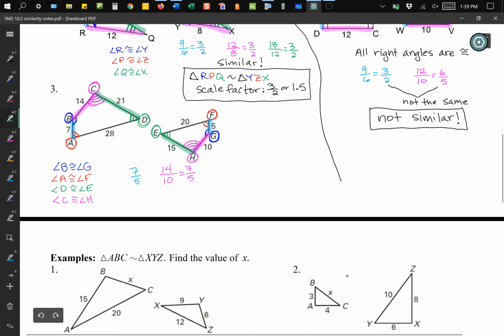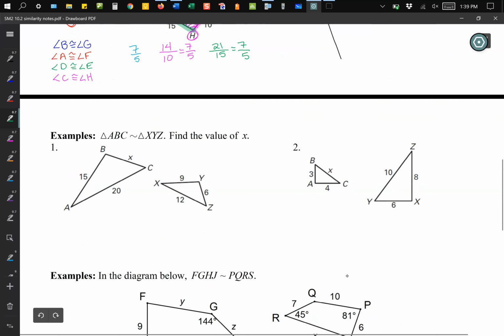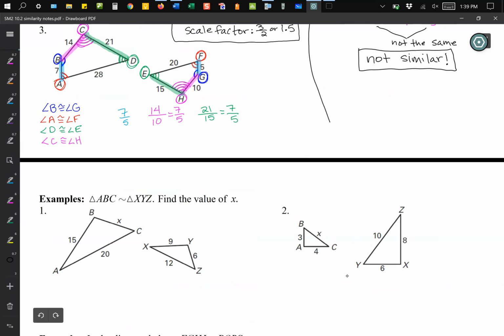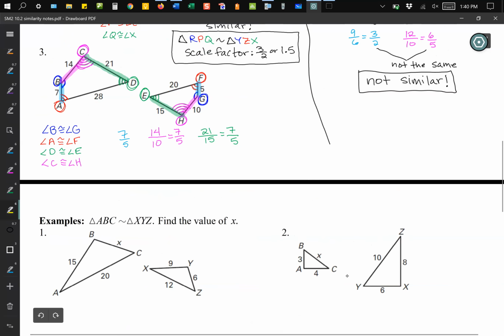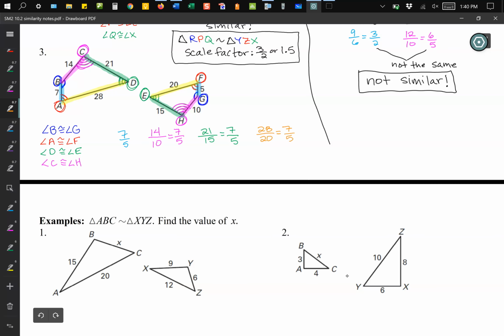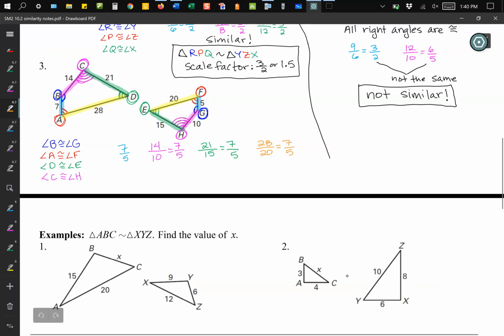So 21 over 15, those can both be divided by 3, that's 7 over 5. The last one is the longest side over the longest side. 28 over 20, those can both be divided by 4, and that gives me 7 over 5. Oh, look, they're all the same.